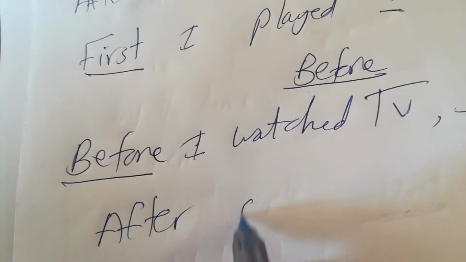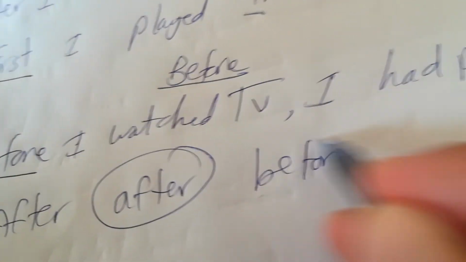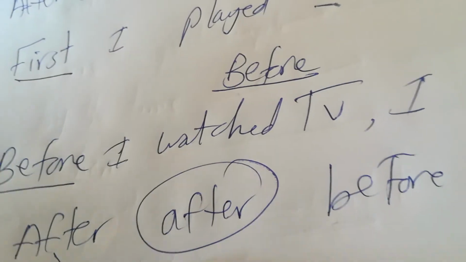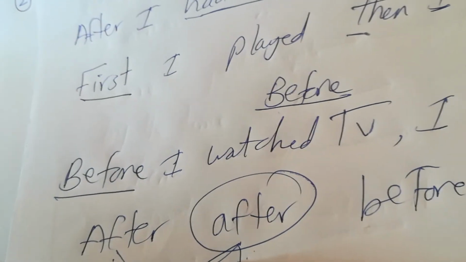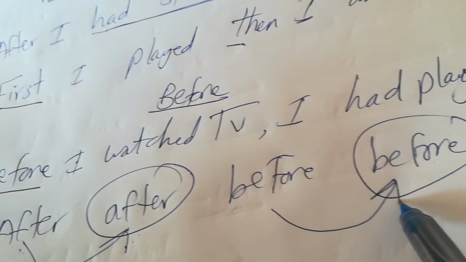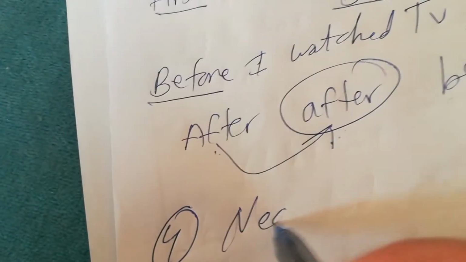After the conjunction after, we use the past perfect, and before as a conjunction we use here the past perfect. Number 4, I say negation.